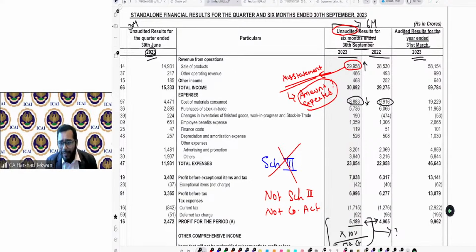Let's say one of the areas is I'll go and check: is there any material manual journal entry or adjustment passed in the cost of material consumed? If I identify something, I may come across some adjustments which are not necessary or which are unexplainable. I may ask management to explain them or to reverse them.